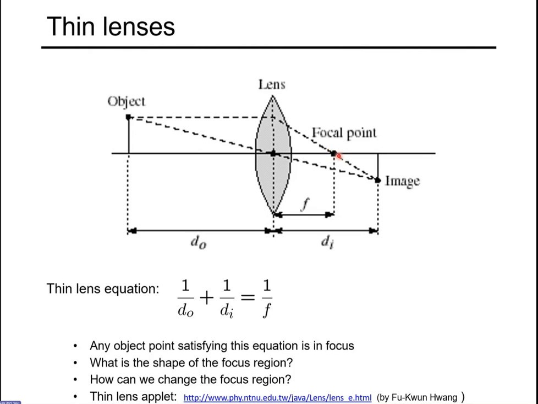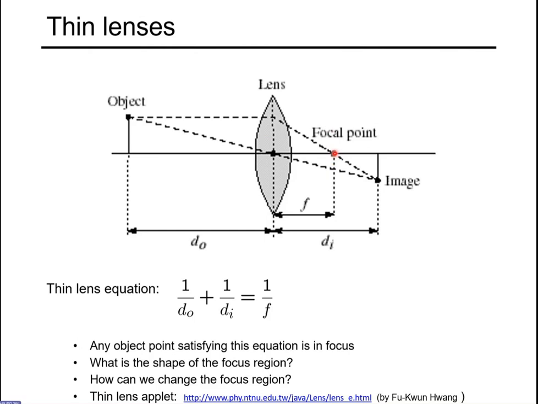However, this is just an assumption. It's easier for us to calculate mathematical relations between those beams. In fact, they are not so simple. So there are some terms, for example, the focal point. This is the point where input parallel line beams will converge.